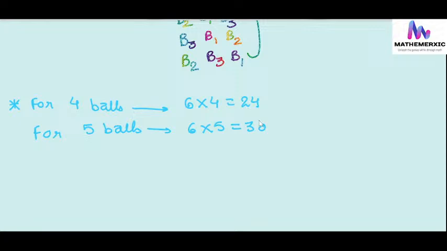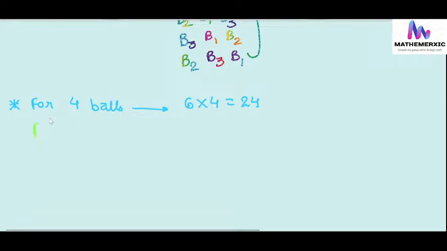If A is at the start, there are 24 possibilities. Then that is not the correct answer. For 4 balls, we have 24 possibilities. Okay, that is the correct way.